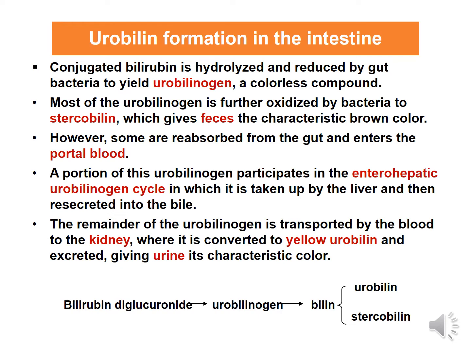A portion of this urobilinogen participates in the enterohepatic urobilinogen cycle, in which it is taken up by the liver and then resecreted into the bile. The remainder of urobilinogen is transported by the blood to the kidney, where it is converted to yellow urobilin and excreted, giving urine its characteristic color.